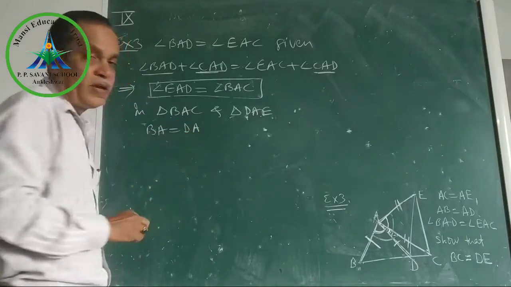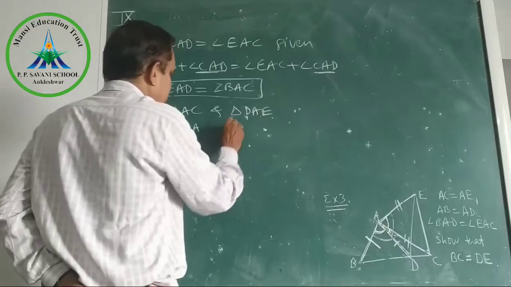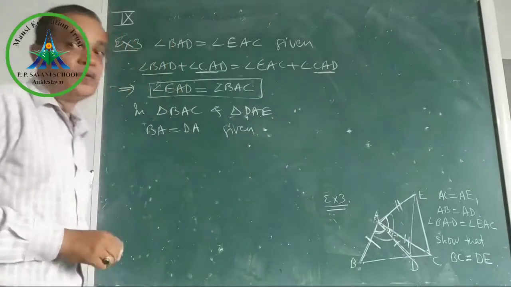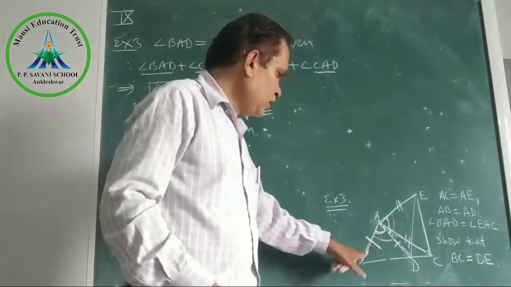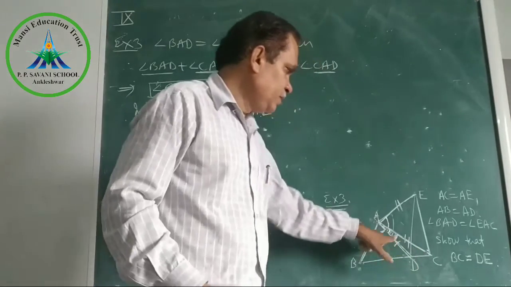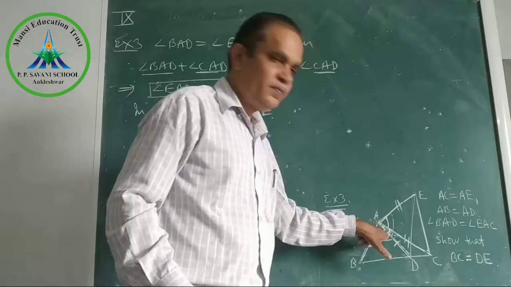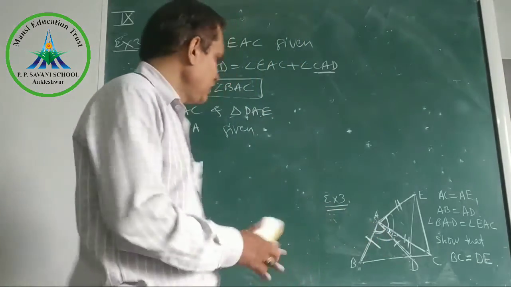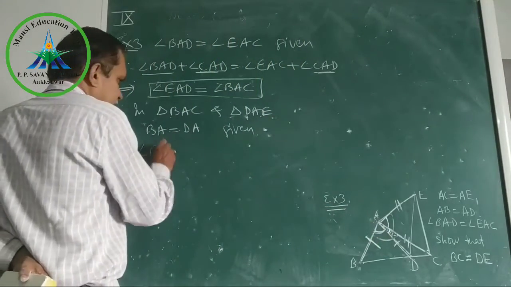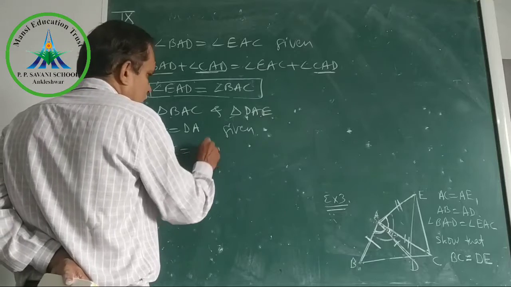That is given. AB equal to AD. Yes or no? See, and angle BAC equal to angle DAE. Right? See, angle BAC equal to angle DAE.